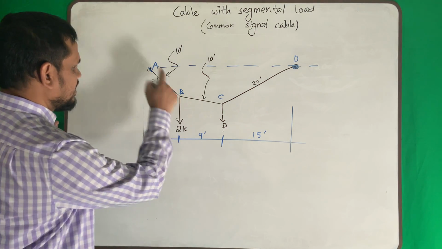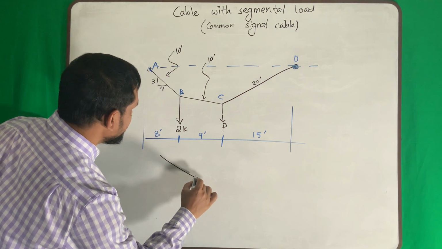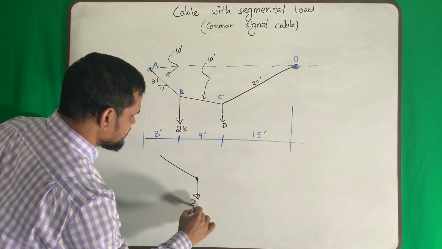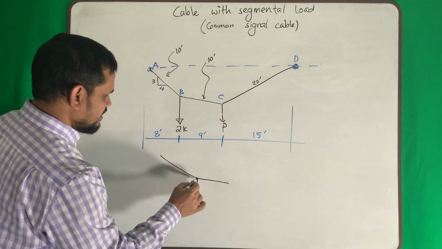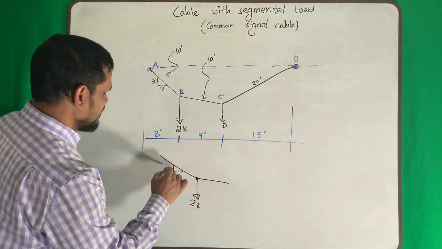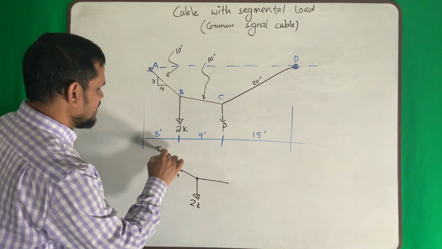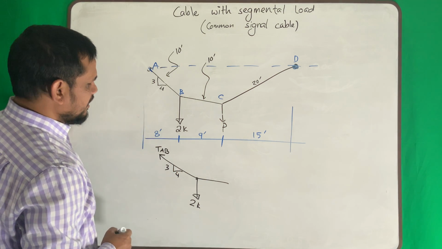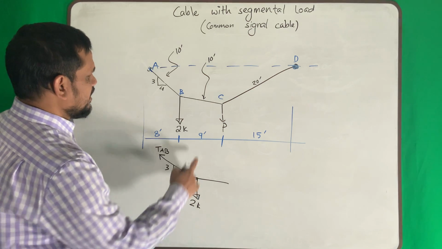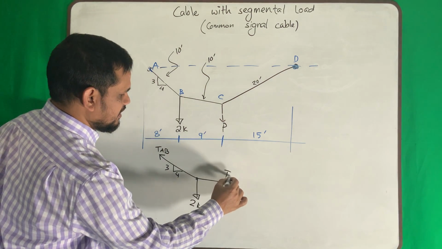Then I would say start with joint B. At joint B, this force is 2, and there is another cable like this, and I know the slope 3, 4. So this force is TAB, and this force will be TBC.